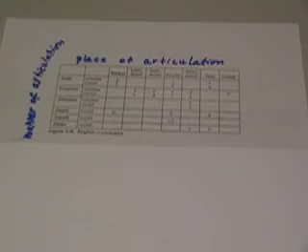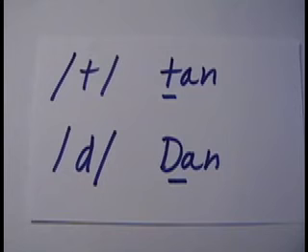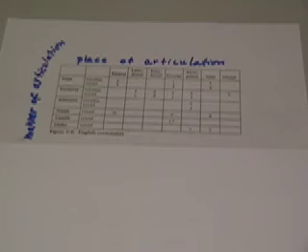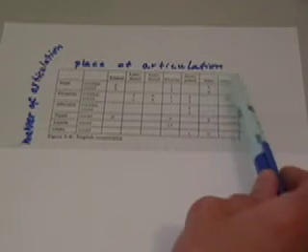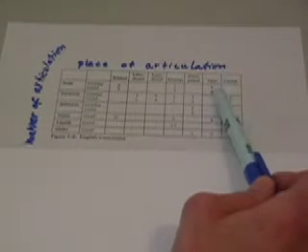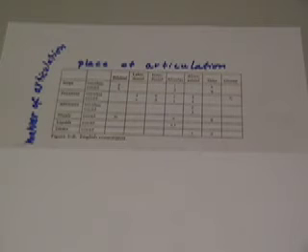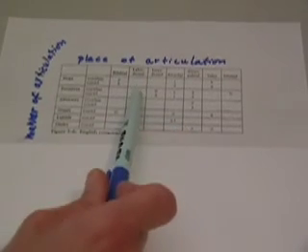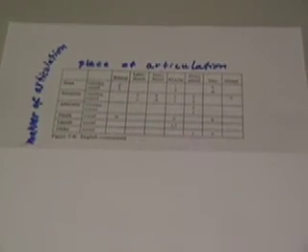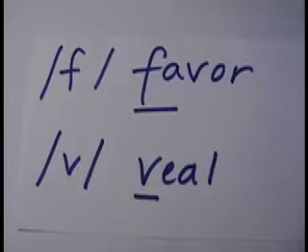So with the word tan, and then the name Dan, right? Tan, Dan. And then still in the category of stops, you would have your velar stops, k and g, kite, and then girl.